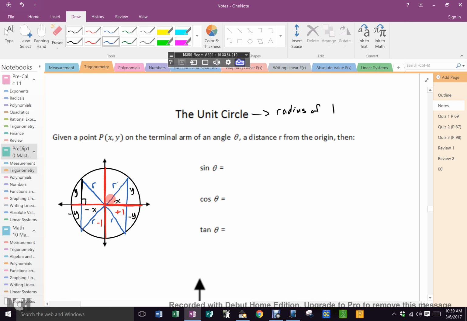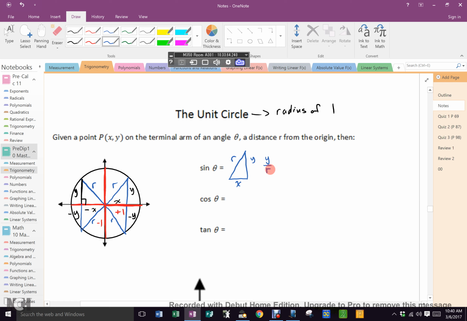Now you guys are smart kids. I am going to take this triangle right here. R, Y, X. Tell me what sine is. Opposite over hypotenuse, yes? So what is it here? Y over R, correct?